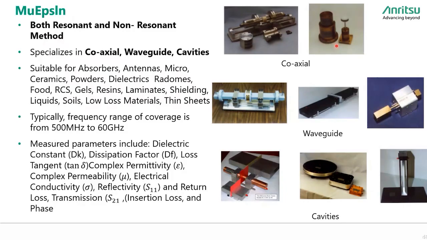Their frequency typically works from 500 megahertz and goes up to 60 gigahertz. The measurement parameters they can do are electrical dielectric constant, dissipation factor, loss tangent, complex permittivity, complex permeability, electric conductivity, and resistivity. All these can be measured using these kinds of fixtures from Mu Epsilon.